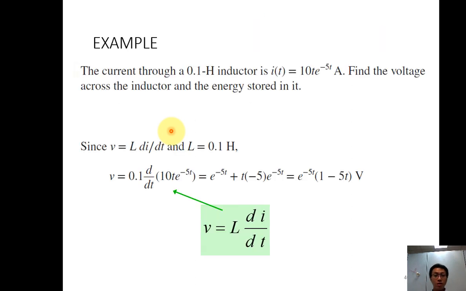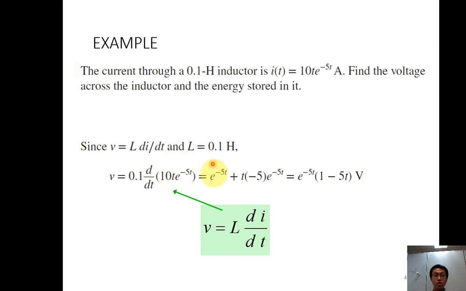So, for example, the current through the 0.1 Henry inductor is like this, and we need to find the voltage across the inductor and the energy stored in it. We use V equals L di/dt. L is 0.1 Henry, given there. I put my i here, so 0.1 times d/dt of t times exponential of -5t.